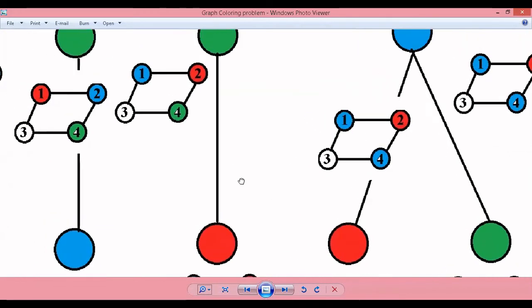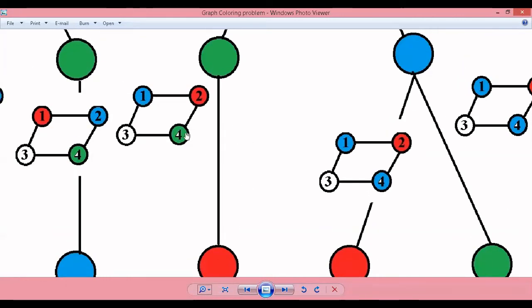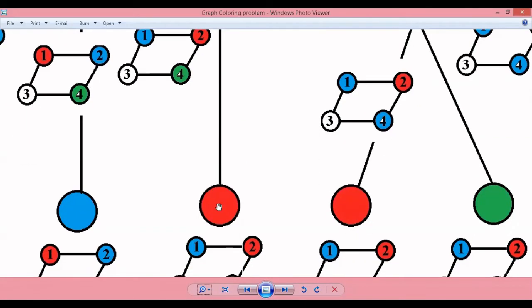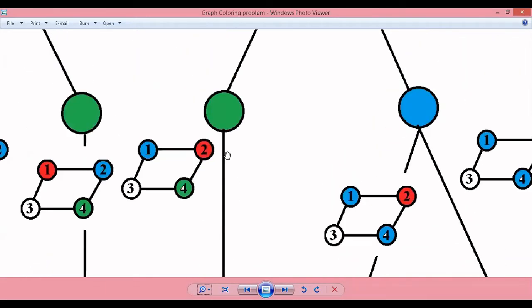Now the last node. When the third node takes green, the last node cannot be colored with blue, and it cannot be colored with green either. The only color left is red. So the last node is red. That is why there is only one choice here, one edge means only one choice.